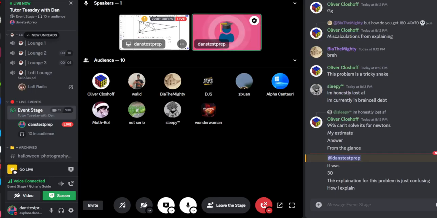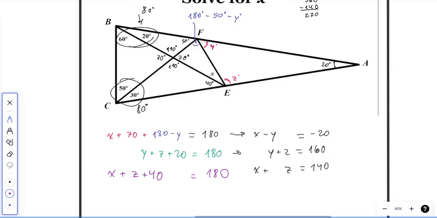It was 30. Okay, let's call it that: x equals 30. Then y would have to be 50, and z would have to be 110.